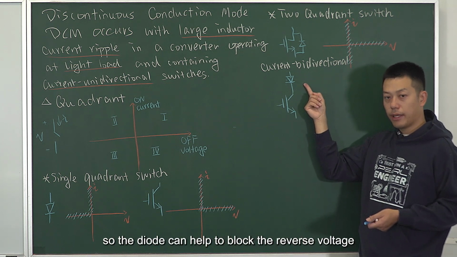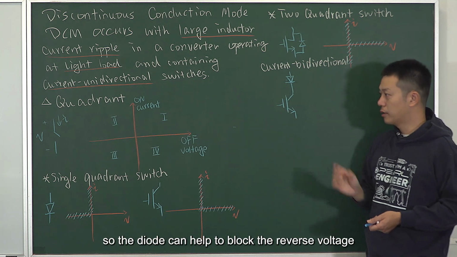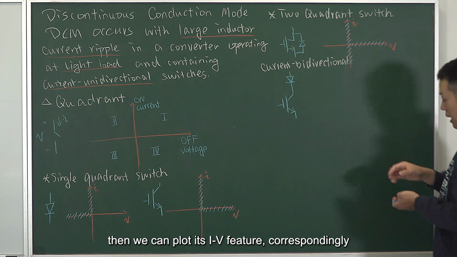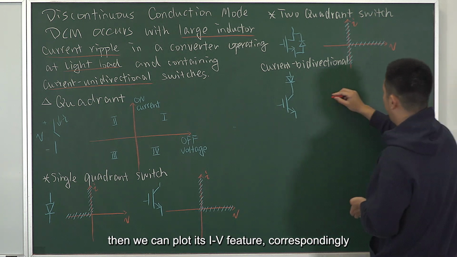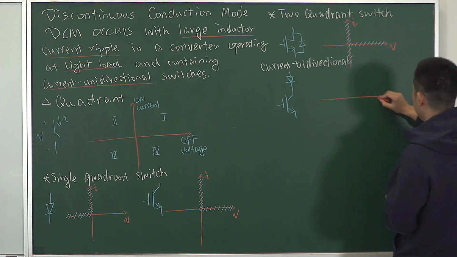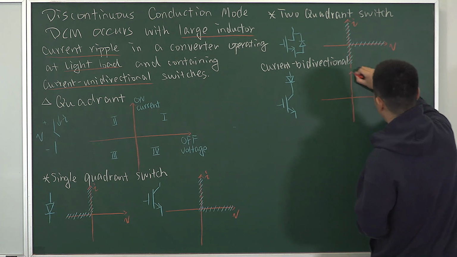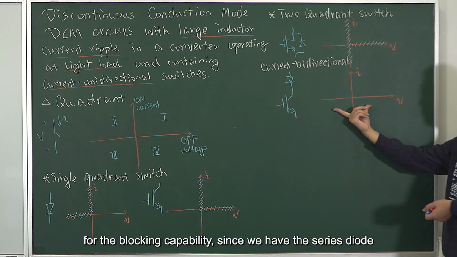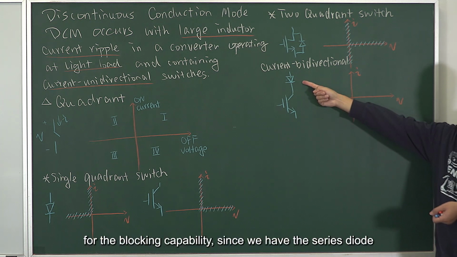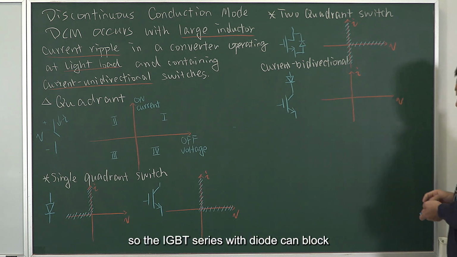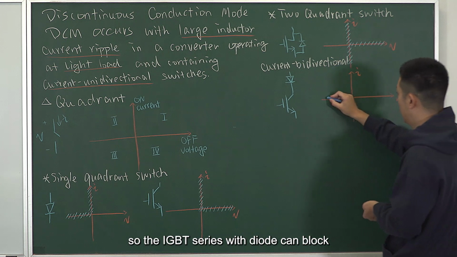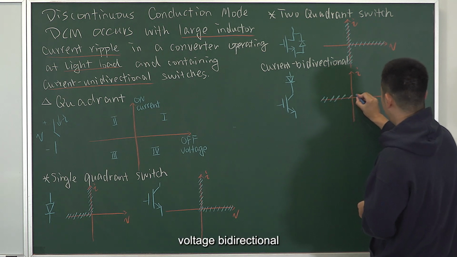The diode can help to block the reverse voltage. Then we can plot its IV feature correspondingly. For the blocking capability, since we have the series diode, the IGBT in series with a diode can block voltage bidirectionally.